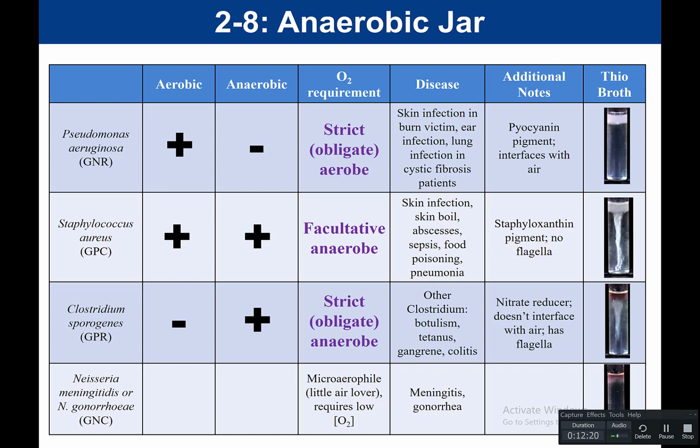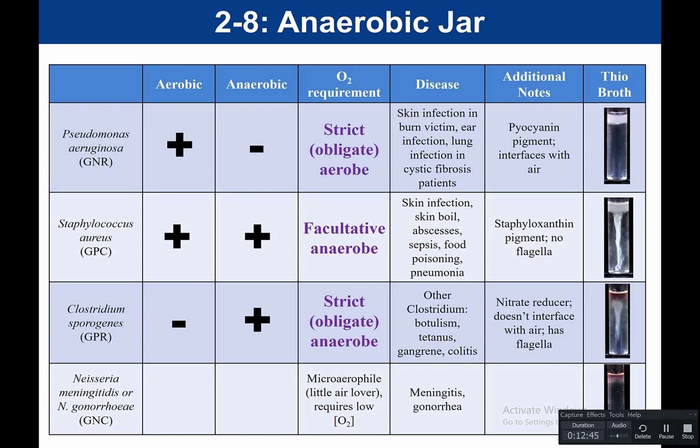It only grows anaerobically. And the reason that it only grows anaerobically is because it lacks the superoxide dismutase. It lacks the catalase. And as a result, by not having catalase, they can't basically neutralize those toxic reactive oxygen species.